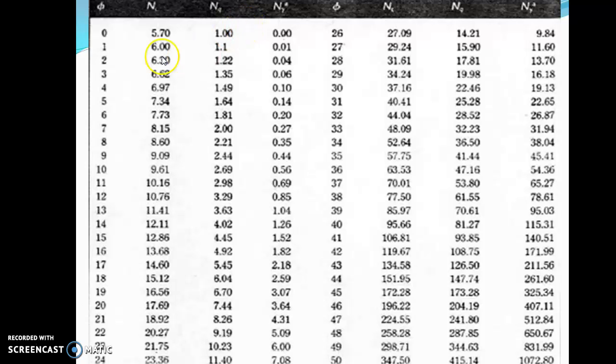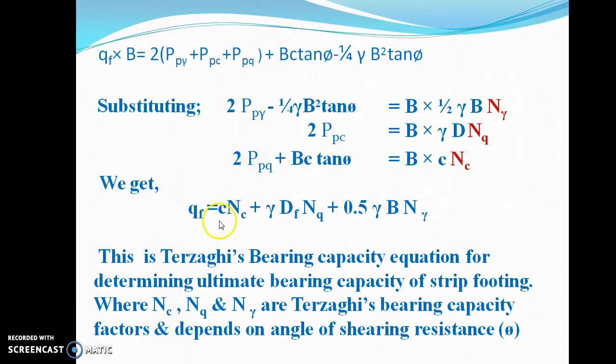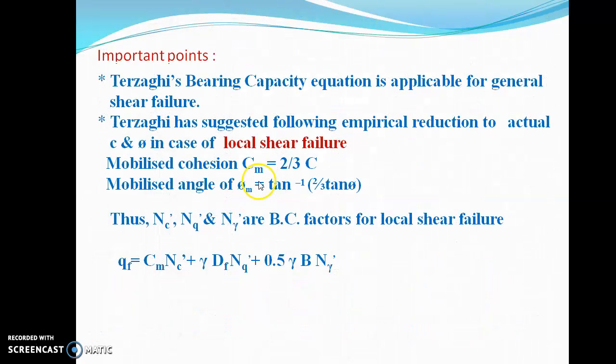So just by knowing the value of phi, you can find Nc, Nq and N gamma, and then substitute in this equation. Now this equation is very simple: C Nc plus gamma Df Nq plus half gamma B N gamma, where Df is the depth of foundation. So this becomes a very simple equation to find the ultimate bearing capacity.